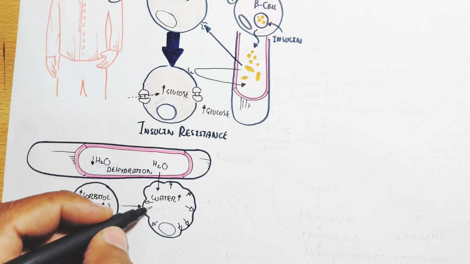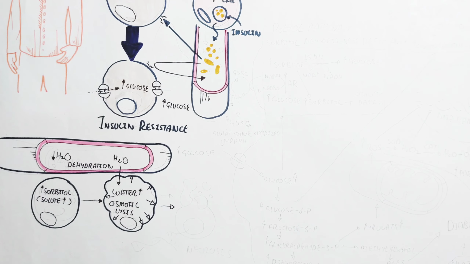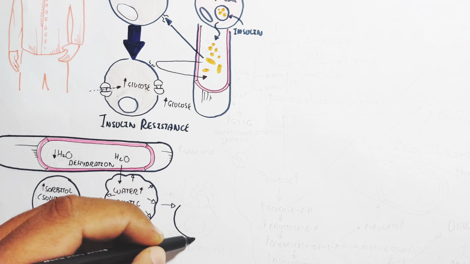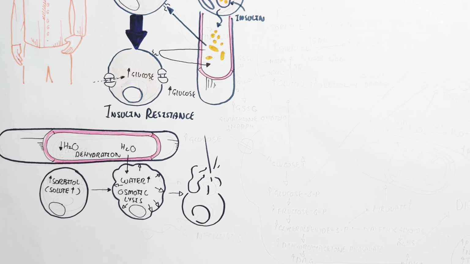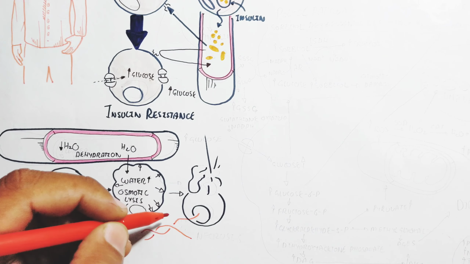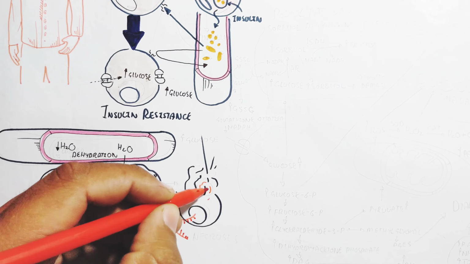Sorbitol requires more water for dilution, so osmotic damage builds up and osmotic lysis occurs. The extra water build-up in the cell leads to bursting of the cell, and necrosis occurs.